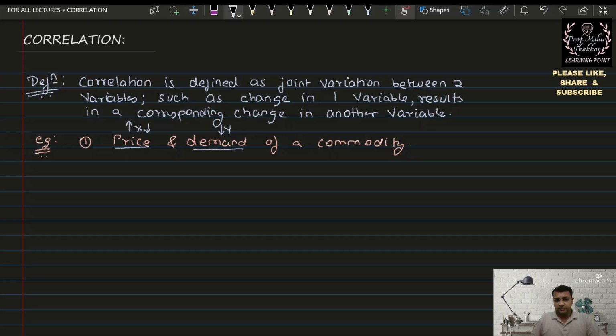Whereas if the price of the commodity decreases, automatically the demand will increase. So as there is a change in one variable, there is a change in another variable. So I can say that the price and demand of a variable are correlated with each other.